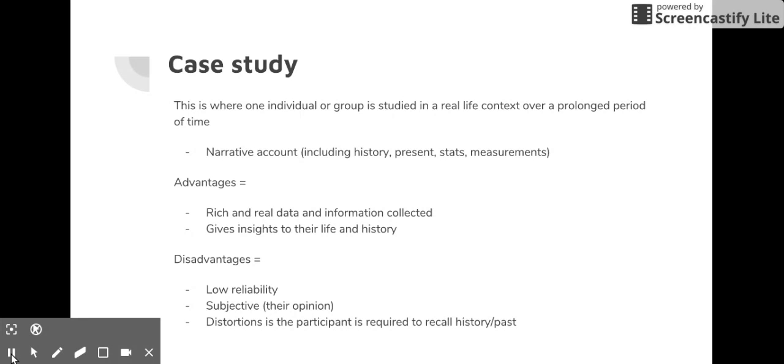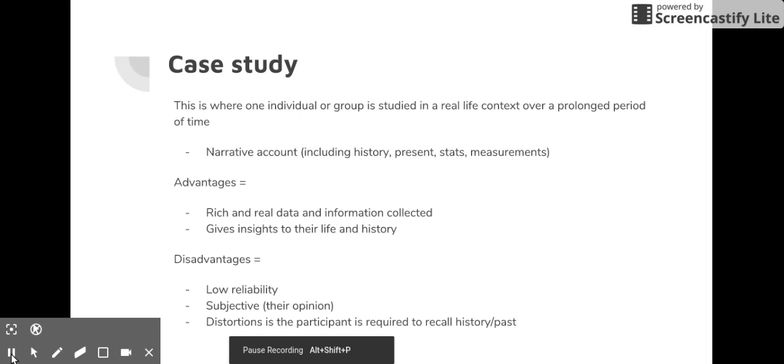The advantage would be that you get rich and real data, and it's information collected from the main primary source itself. Also it gives you real insight into their lives and their history, and maybe how they've become so famous or so good at what they do best.